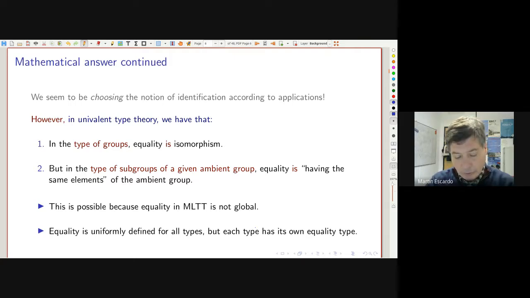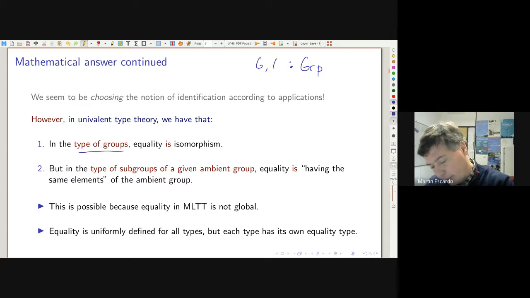So in type theory, we have the type of groups. So I'm going to write it GRP. And now if you have two groups in this type of groups, it will turn out that, if I call this the identity type that I mentioned before, this is the same thing as isomorphism of groups.